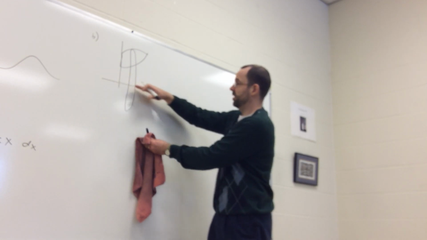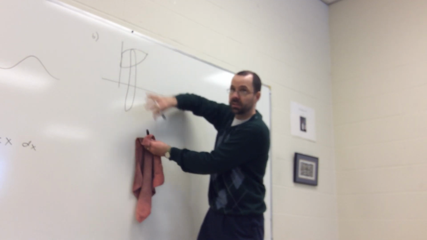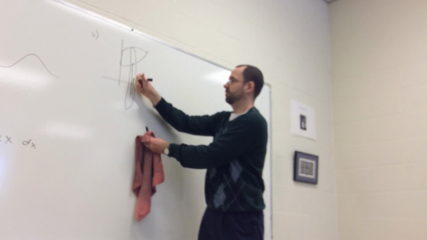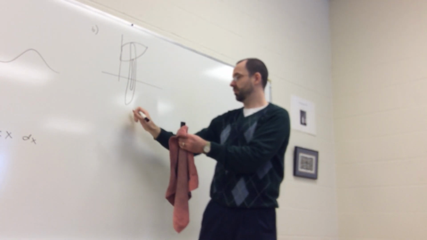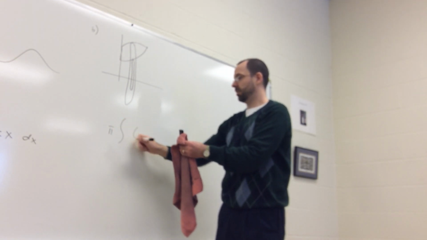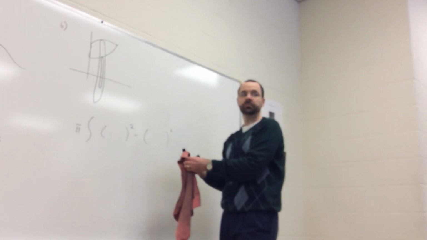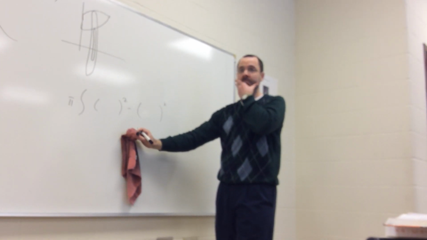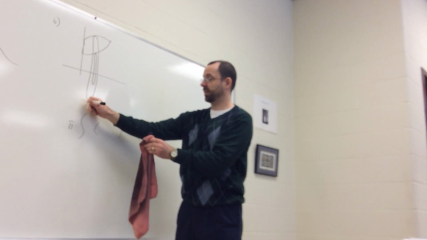Because you're revolving around this, so there's this space in here that it revolves around. So the volume formula is pi times big r squared minus small r squared, and the height is dx.